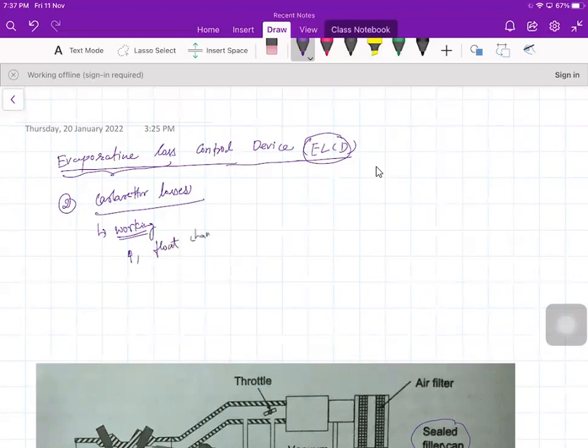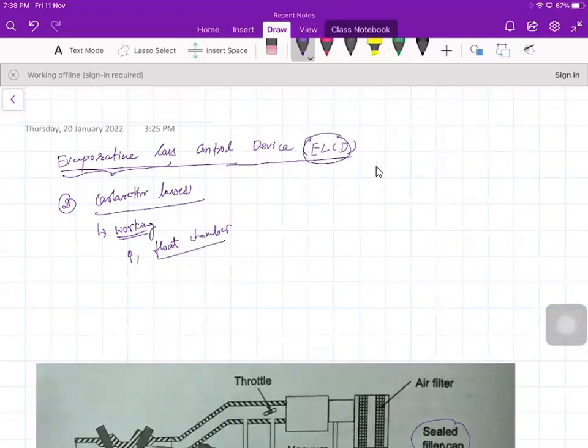Okay. So the throttle is connected to your float chamber, and if you press the pedal too much, the float chamber will release too much fuel, and then it goes through the chamber. Now the engine stops running when the fuel has been completely utilized.